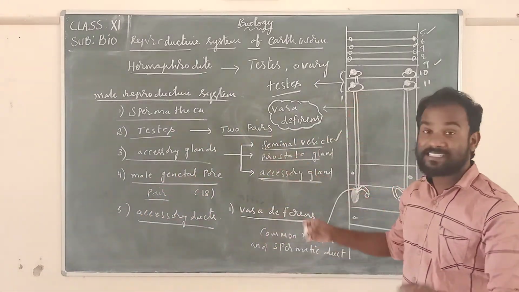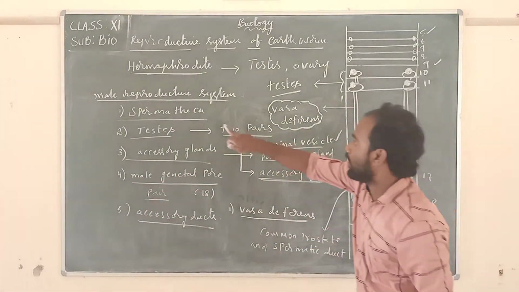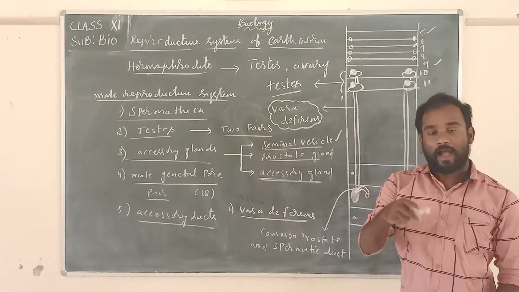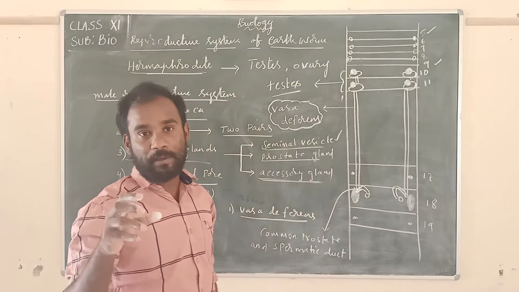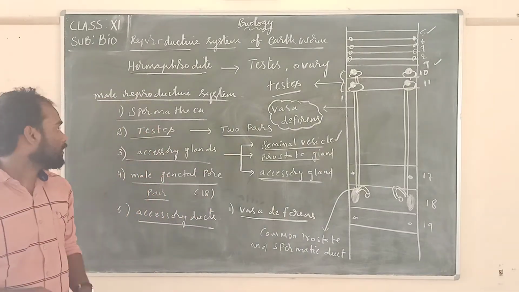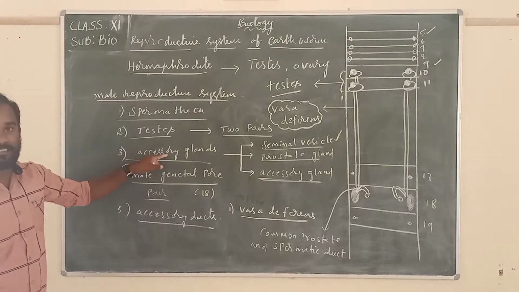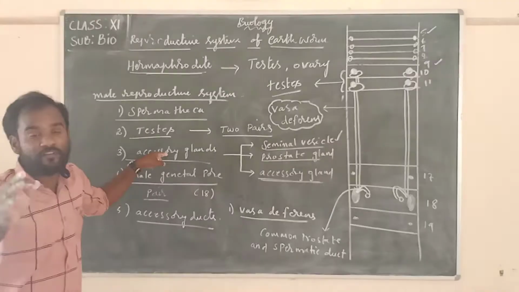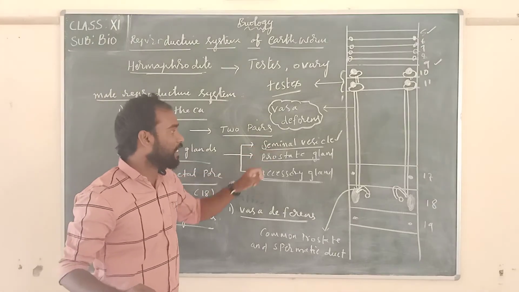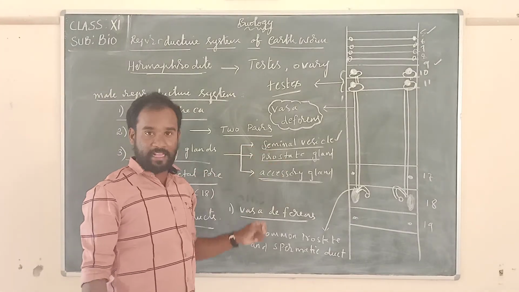Now let us discuss their functions. First of all, spermatheca. I already told you spermatheca helps in the temporary storage of sperms. Next, accessory glands. There are three types of accessory glands, right? Seminal vesicle, prostate gland, accessory gland.